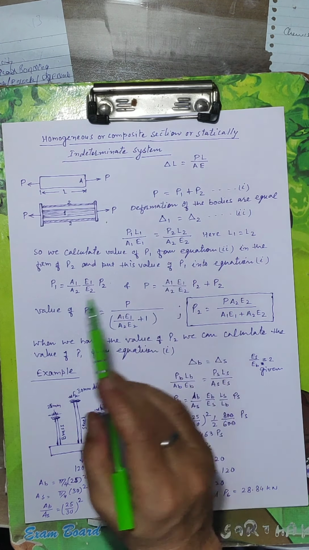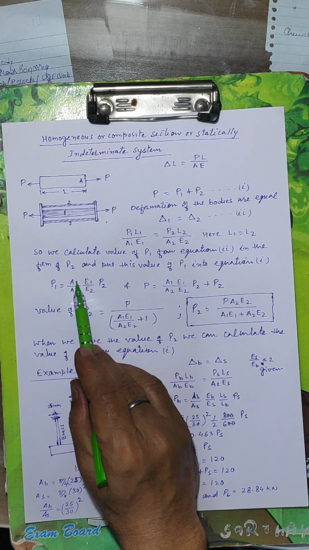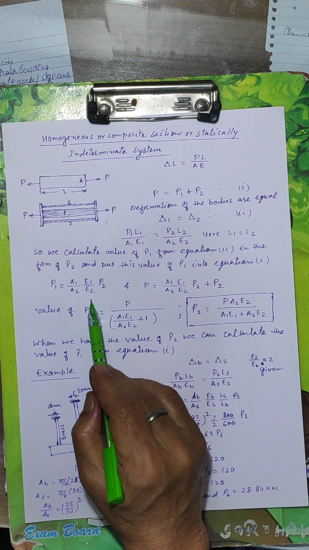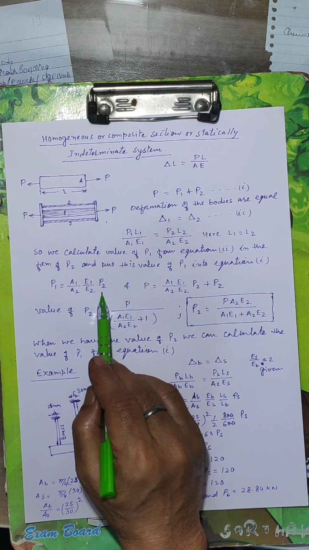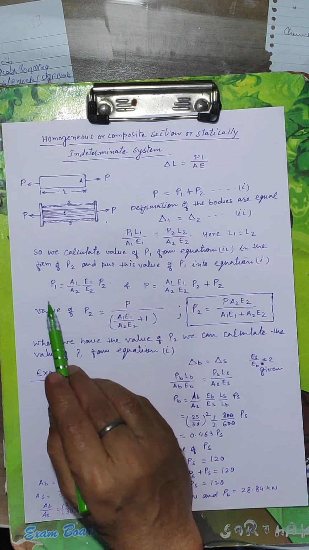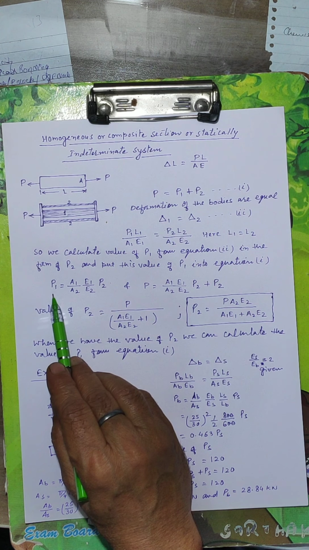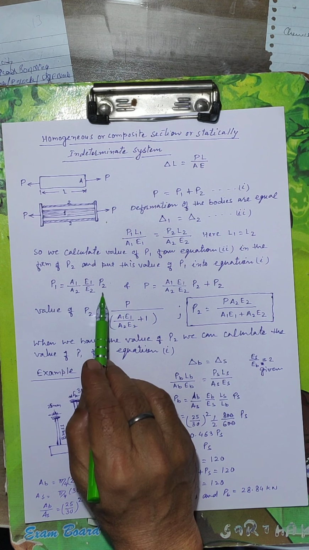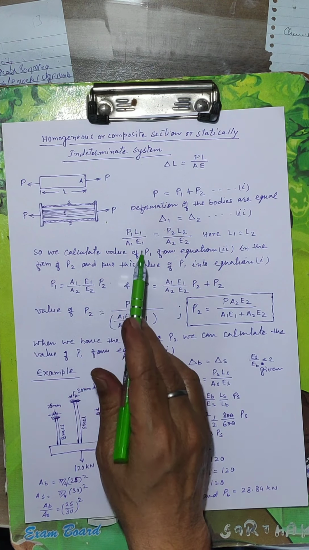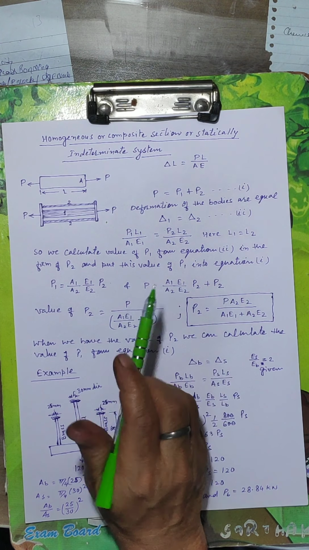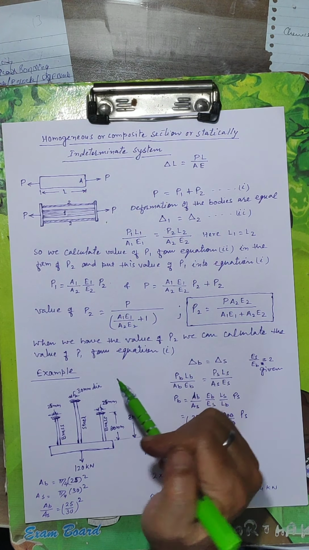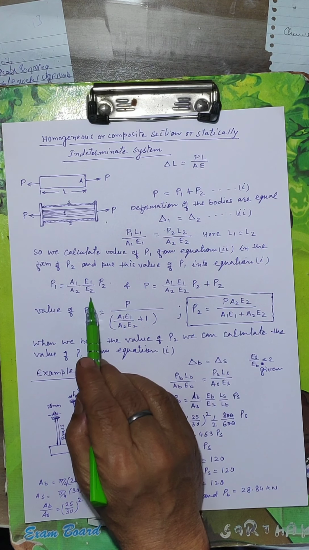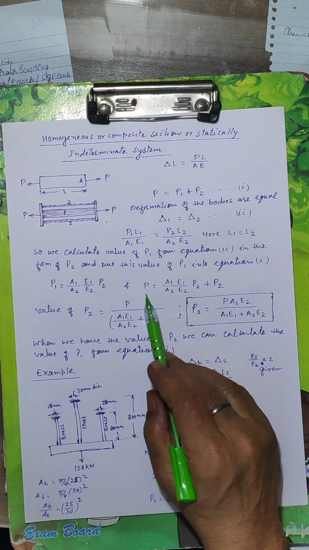How? P1 is equal to A1 E1 upon A2 E2 times P2. This is the value of P1 in the form of P2. L1 and L2 are the same, that's why it is not taken here.